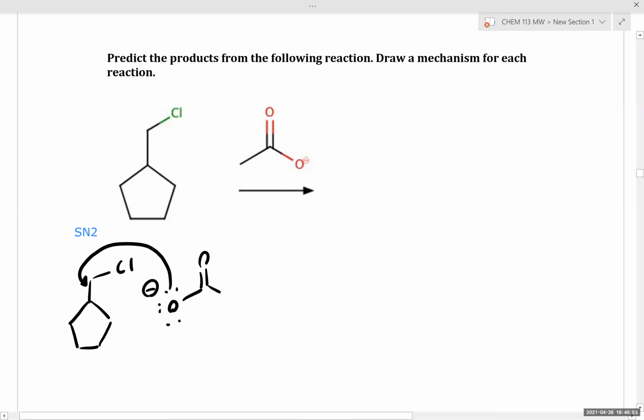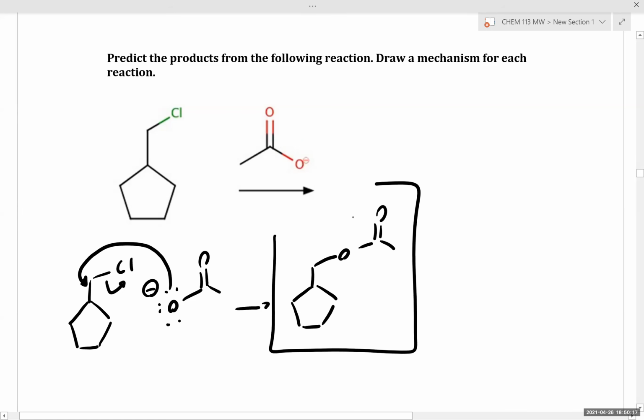The reason why I asked about that is because it determines how you draw the arrows. So the attack of our nucleophile and loss of our leaving group occurs in a concerted fashion. That in turn gives us our desired ester. Whoops, one more carbon here. There we go. And here's our desired product ester.